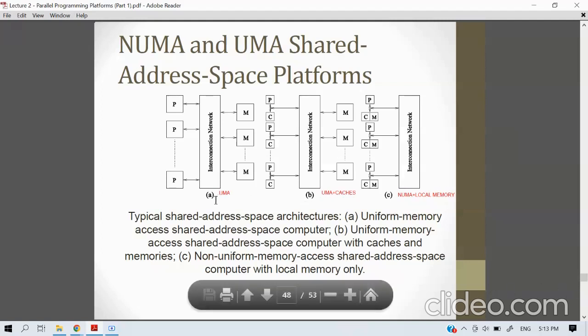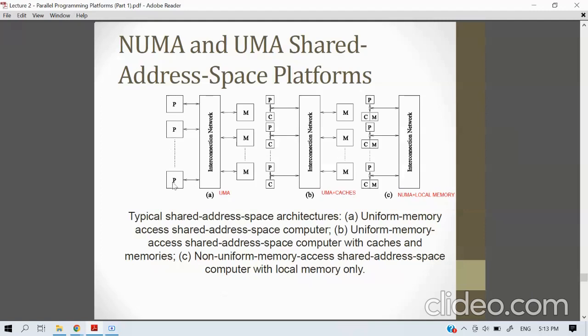As you can see here, in UMA, this one is the processor and then the memory. It has an interconnection in the middle. So UMA plus cache, to increase the speed of the processing, has a cache on each processor. And NUMA with local memory requires local memory in order to do the processing.